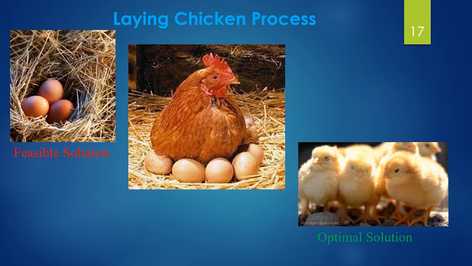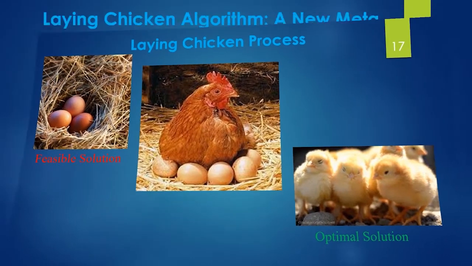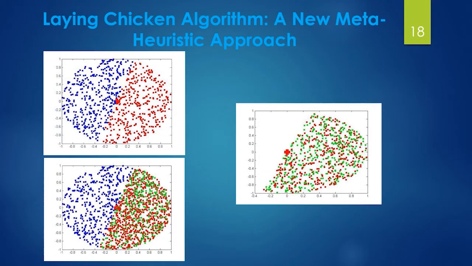The first one is lane chicken algorithm. This algorithm has been inspired by and simulates the behavior of the hen converting eggs to chickens, and in this simulation eggs convert to feasible solutions, and chickens are just like optimal solutions. The simulation of the problem is like this: we have an initial solution and many solutions around that.